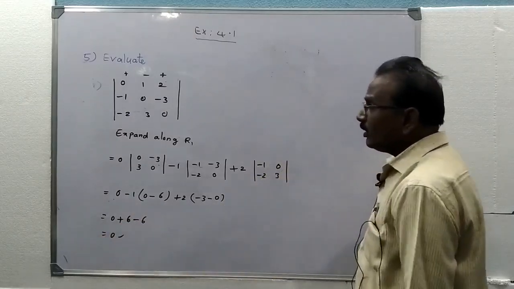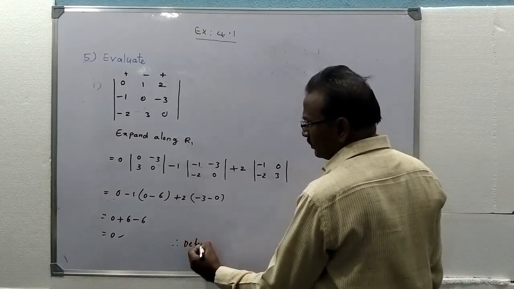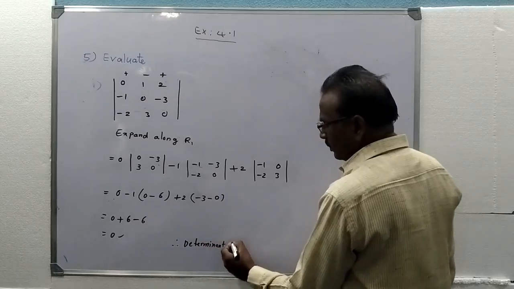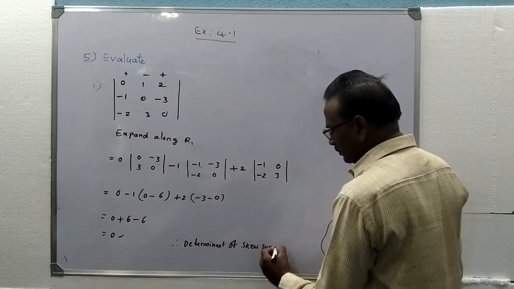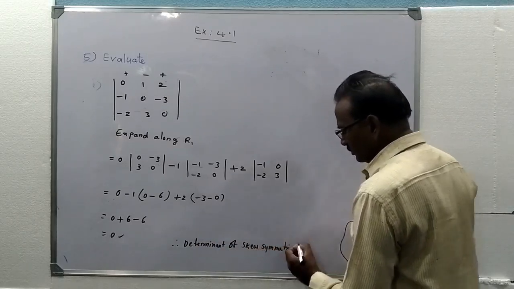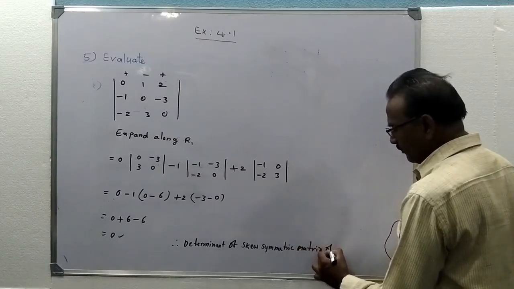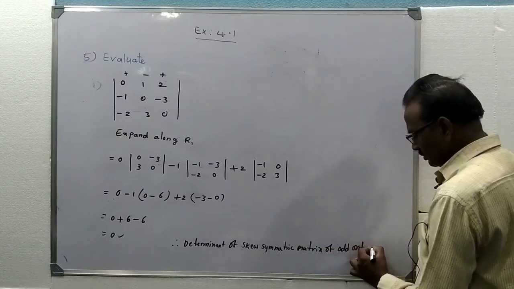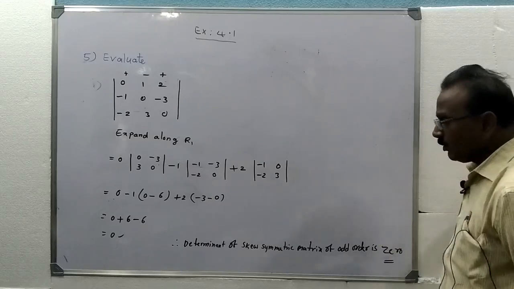So therefore we conclude that the determinant of a skew symmetric matrix of odd order is 0. So this is important for CAT.